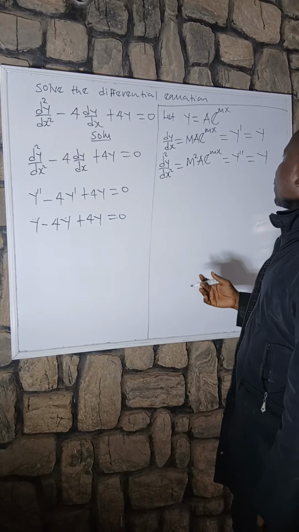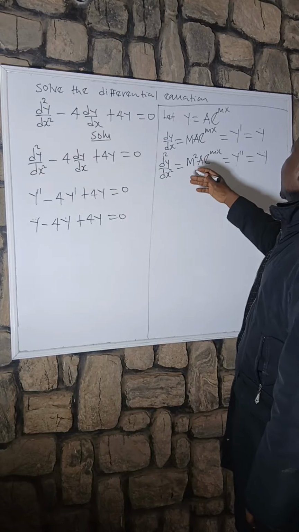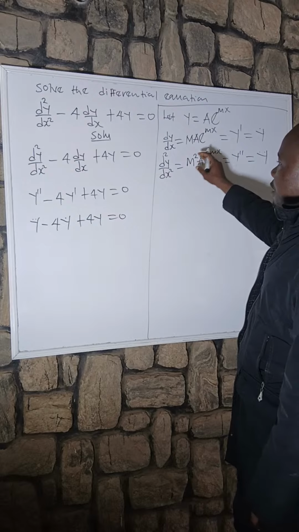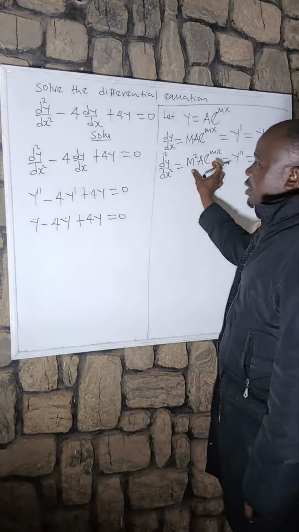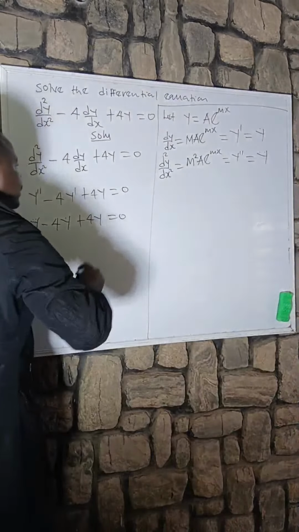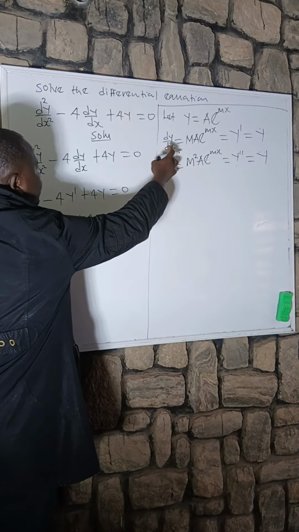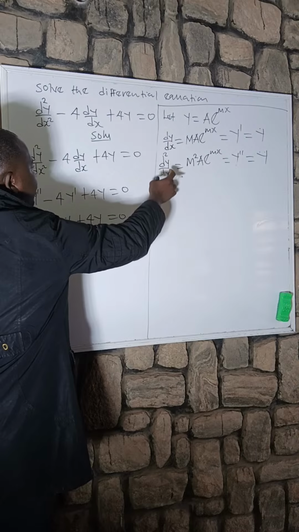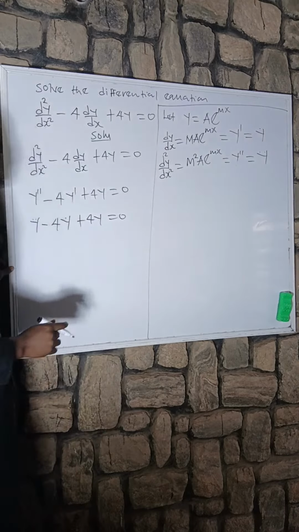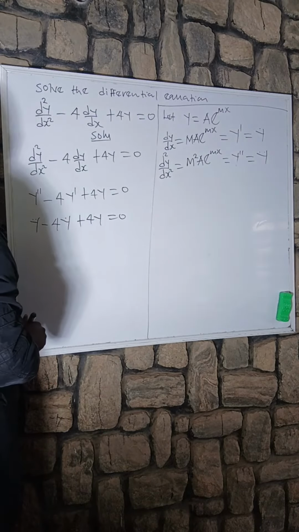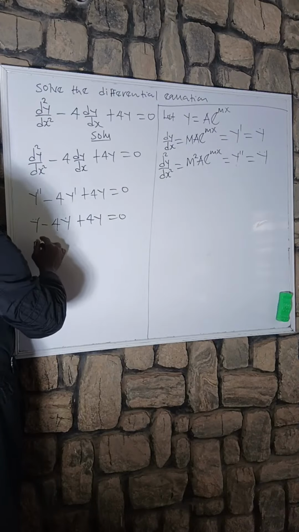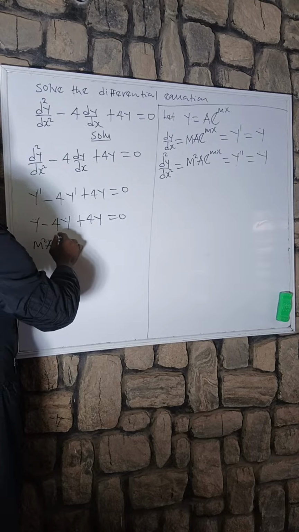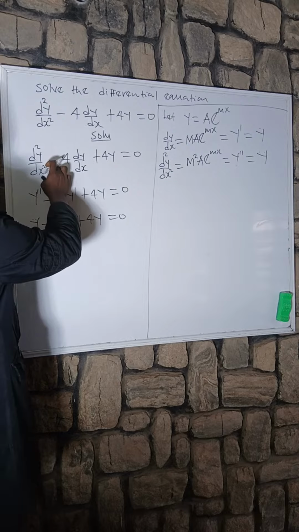So it means this, we are going to substitute in here. Since d square y over dx square is equal to m square a exponential mx, instead of this, we write m square a exponential mx. What is here?